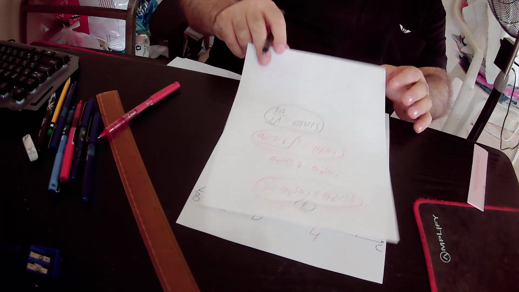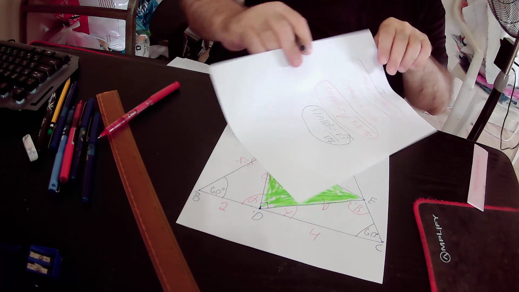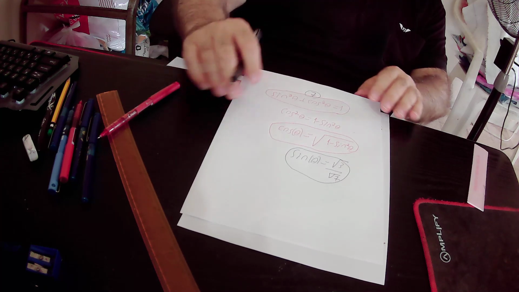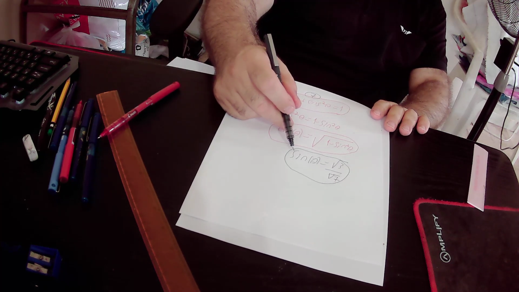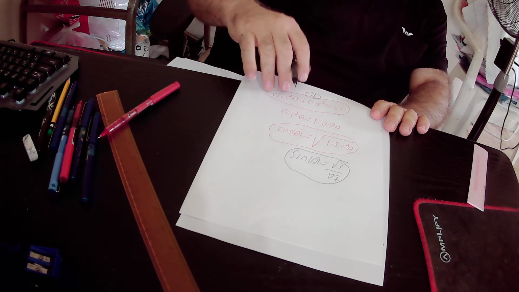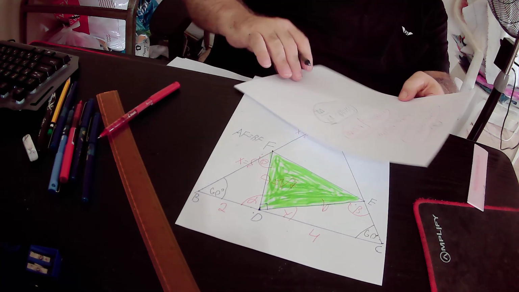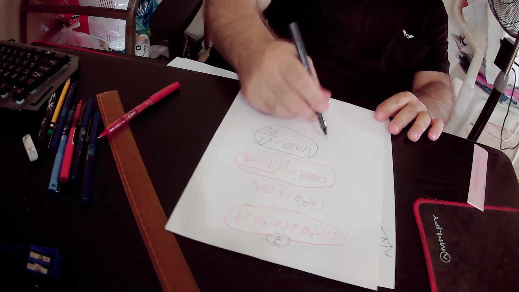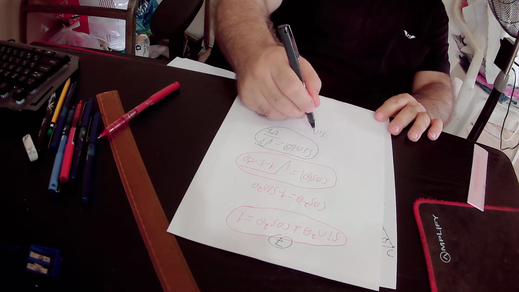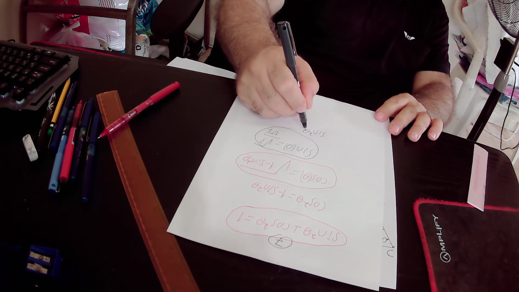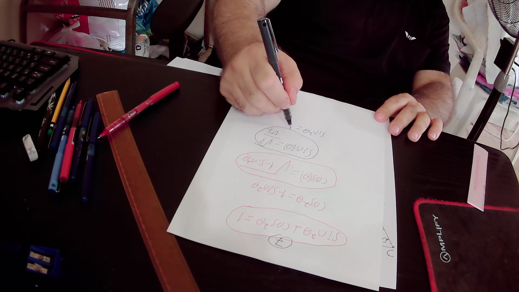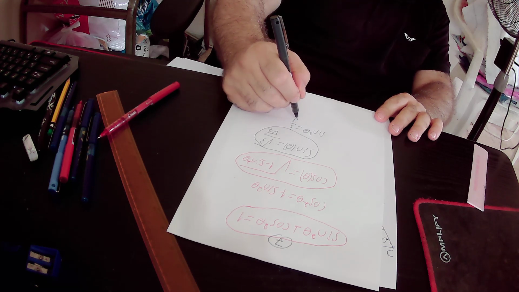So here we will square this equality in order to get the value of sinus theta squared, and we get that sinus theta squared equals 3/7.